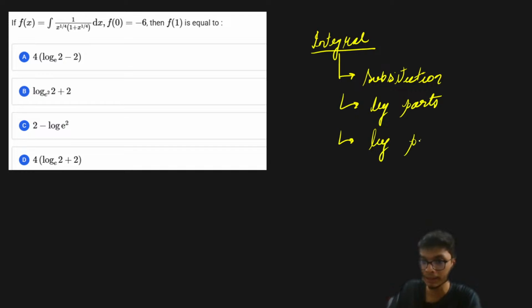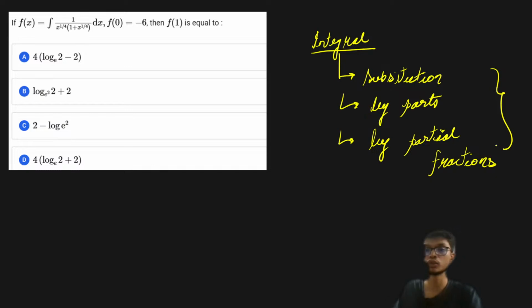Those are the most important part that you must understand, right? Without understanding these methods, you cannot solve any questions of integrals, right? So it's my utmost request to every one of you, please prepare this topic before you come and watch this session. Okay, so with this, let's get started on this question.